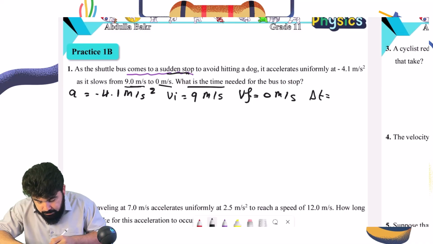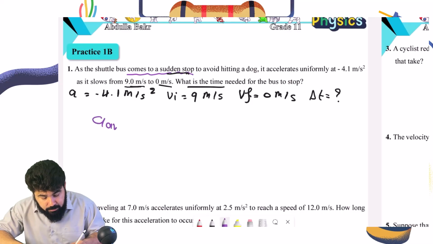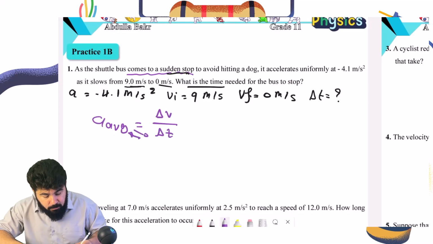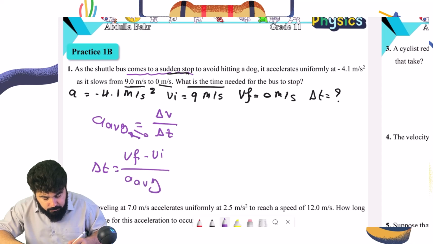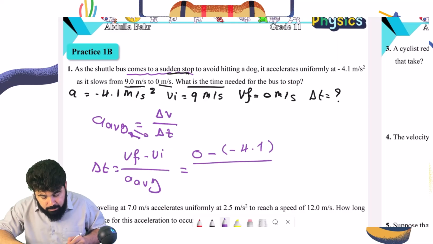So delta t is equal to what? Again, average acceleration is equal to delta v divided by delta t. Switch their places: delta t is v final minus v initial divided by average acceleration.